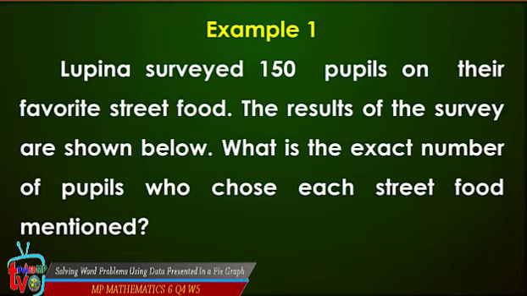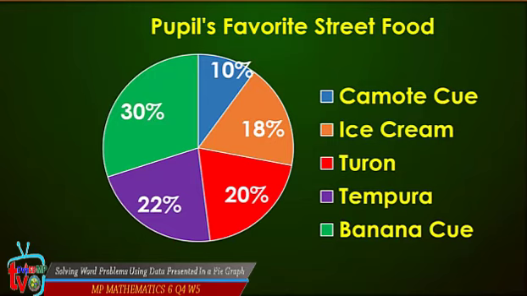The results of the survey are shown below. What is the exact number of pupils who choose each street food mentioned? Pupils' favorite street food: 10% kamote Q, 18% ice cream, 20% turon, 22% tempura, 30% banana Q.